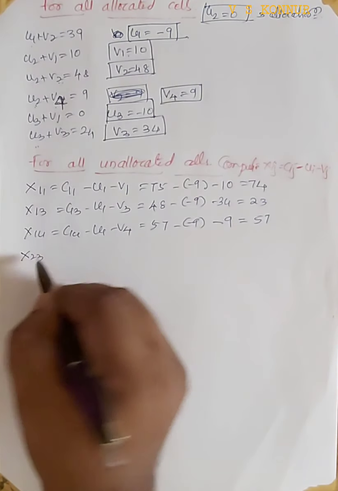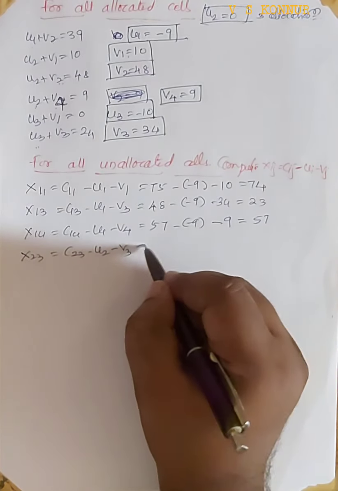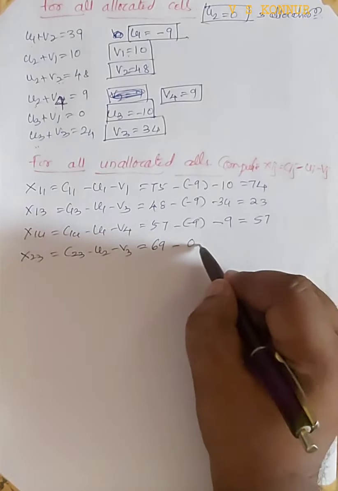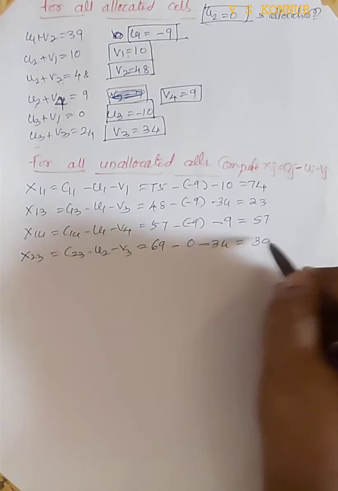Next, x23 equal to c23 minus u2 minus v3, so c23 is 64, minus u2 equal to 0, minus v3 equal to 34, we will get 30.